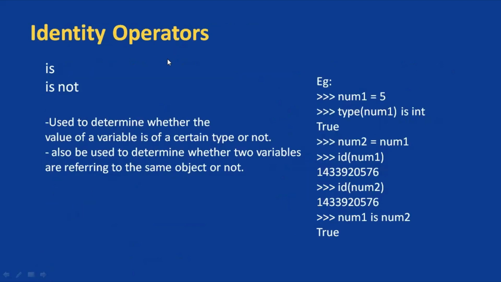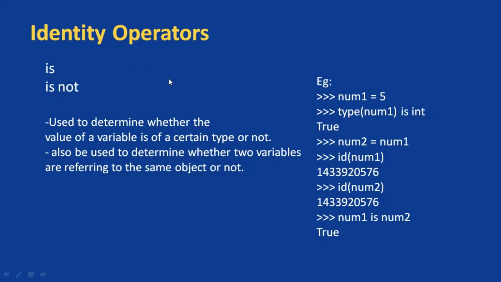Next are identity operators. There are two types of identity operators in Python, is and is not, which are used to determine whether the value of a variable is of a certain type or not. Type means what?